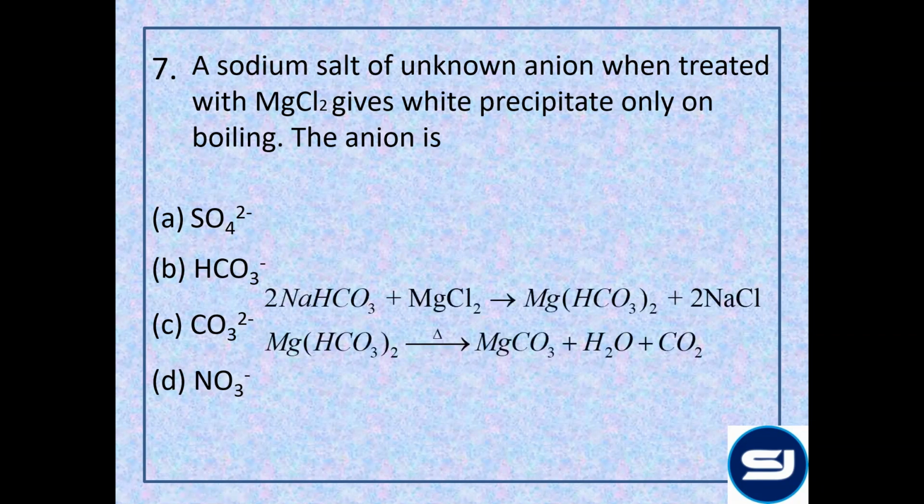It is sodium ka bicarbonate because the bicarbonates on treatment with magnesium chloride convert into magnesium ka bicarbonate, which can be decomposed on heating to form MgCO3 plus H2O and CO2. और ये MgCO3 जो है that will be forming a precipitate. अब सल्फेट्स का ऐसा केस नहीं होगा because sulfates are very stable to heat.